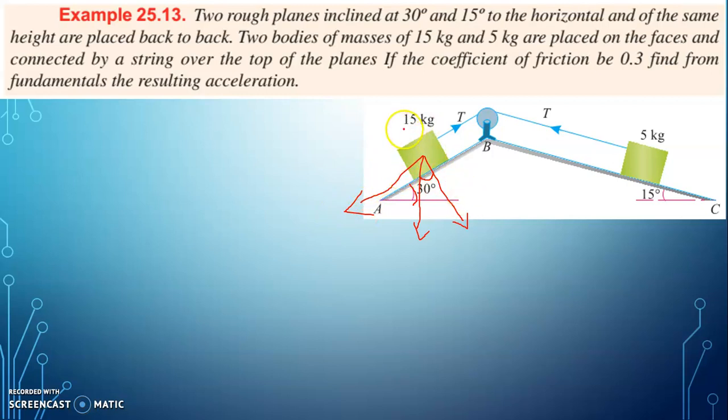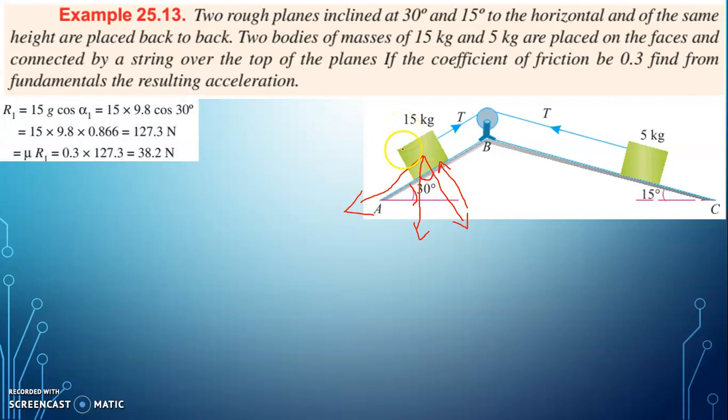Whatever force acts on the surface will be offered back by the reaction of the surface. So the reaction of the 15 kilogram block is given by 15 into 9.81 into cos 30. That is the reaction for the first block, R1, which is 127.3 Newton.